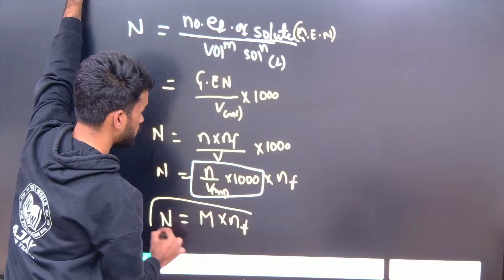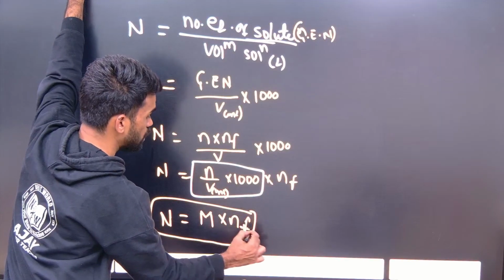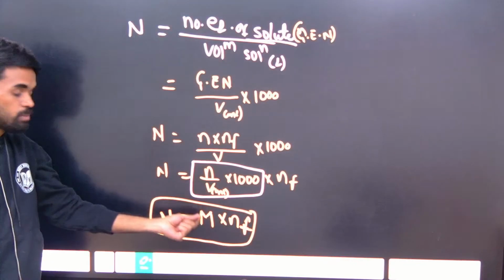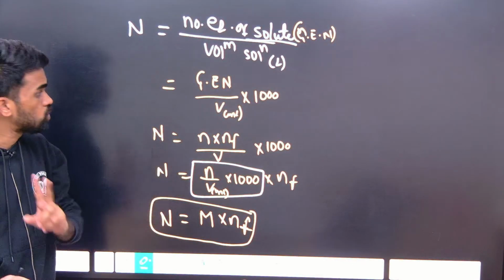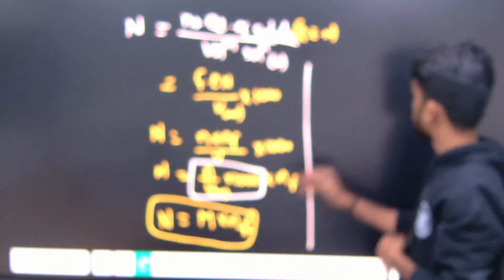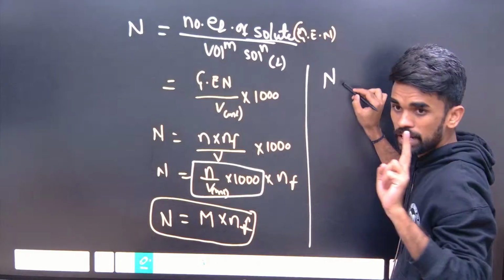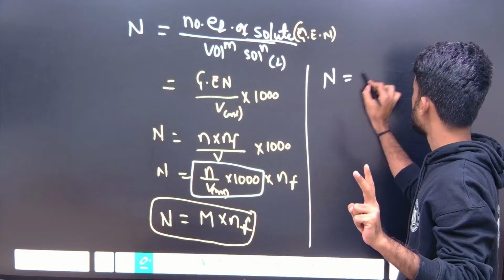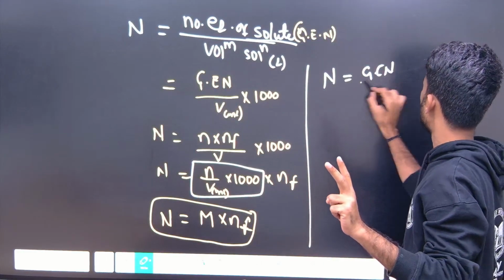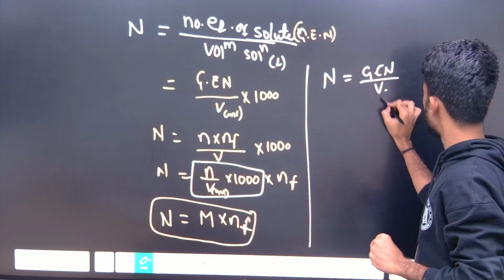Very, very important. When we are doing the law of equivalence in redox reactions, we will be using this like anything. The complete normality concept is very, very important. Normality means you should get two things in your mind. One is GEN by V, and V should be in liters.